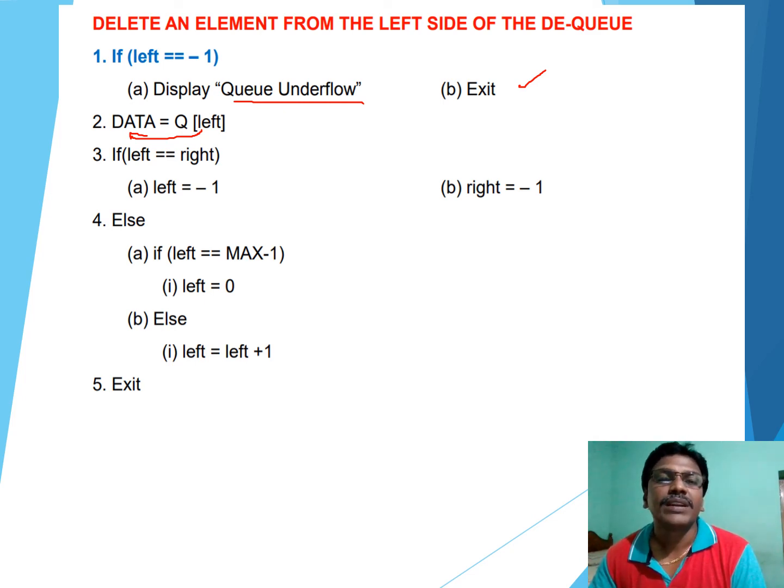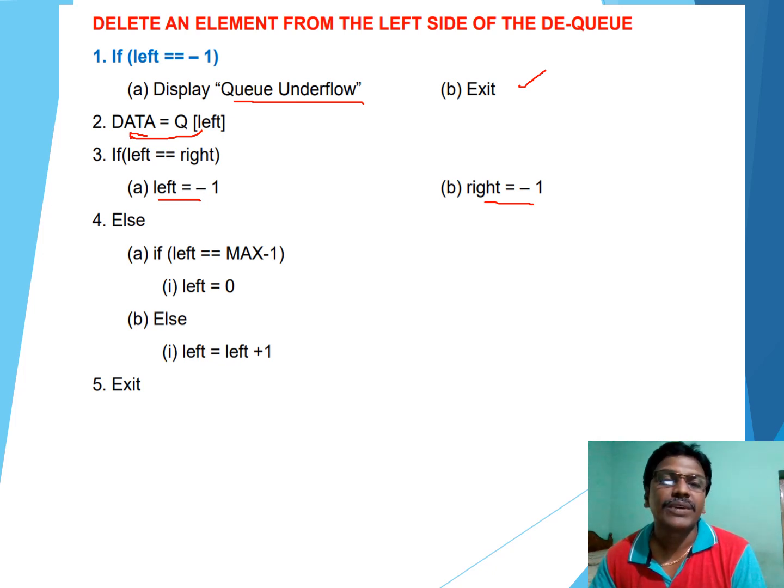Then if left equals right, it means there is only one value in the queue. That's why left equals minus 1 and right equals minus 1, because after the one value is deleted the queue is empty, so right and left pointers are minus 1, which is an underflow.